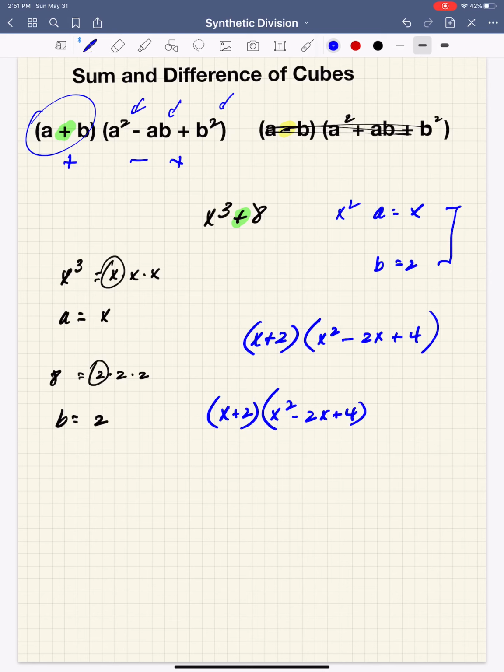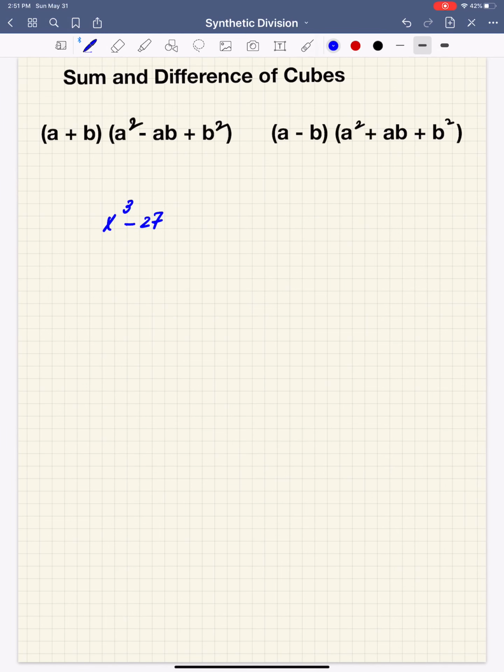Next one. This one's going to be a difference of cubes, because we can see right in here that we have a subtraction sign. So we're going to use this formula and totally disregard for the time being the sum formula, because this is a difference problem. Okay, same thing. We're going to find the cube root of x to the third for your a value, because again, they all have a's and b's in here, right?